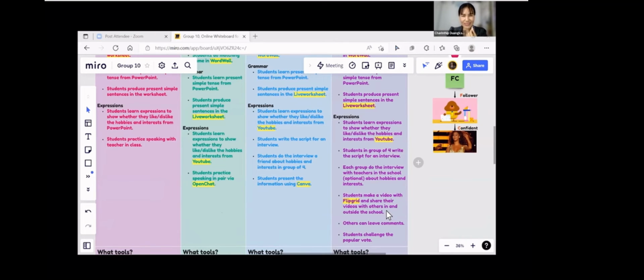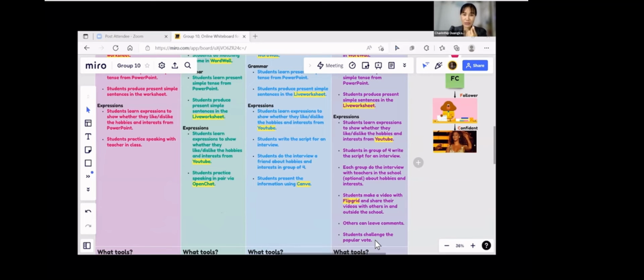Also, we can simply share the link with people who want to join the activities. Others can leave comments. Both positive and negative comments are very helpful because they help motivate students to perform better. However, the teacher needs to make sure that the comment is a constructive one.